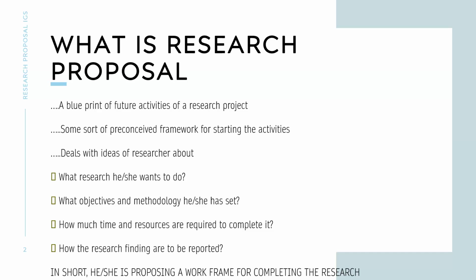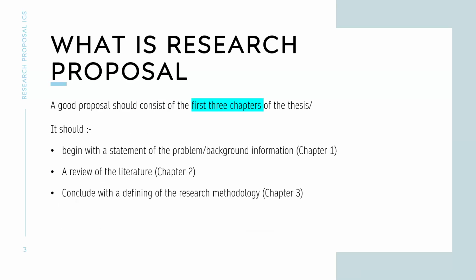Okay. So a proposal should consist of the first three chapters of your thesis. I think you already know that in chapter 1, you will start with the statement of problem or background information.